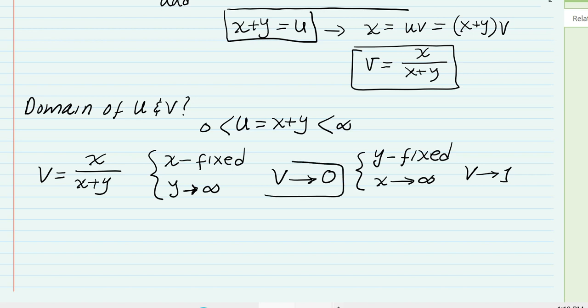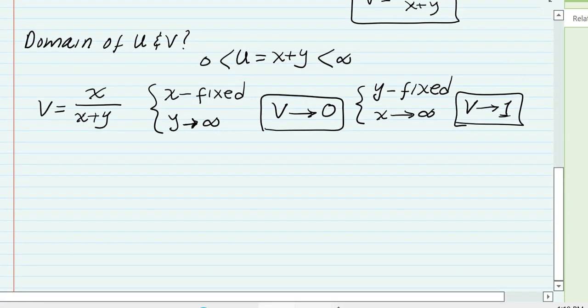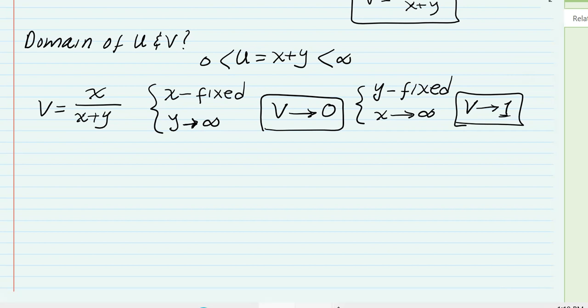Okay, well that's good. v approaches 0, v approaches 1. That's not enough yet to establish the domain of v. The question that will seal this for us is, will v approach 1 from the right or from the left? Let's see how that's going to work out.